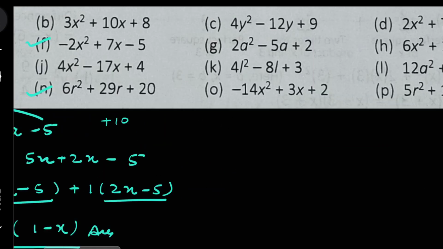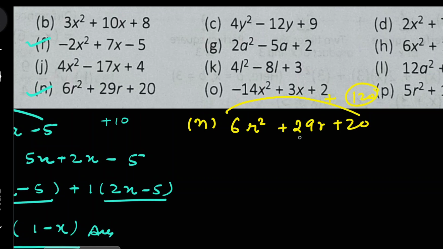So now question number N is 6r square plus 29r plus 20. On multiplying 6 to 20, we will get what? 120. So on splitting 29 to get 120, we will get 24 into 5. So it will be written like this: 6r square plus 24r plus 5r plus 20.